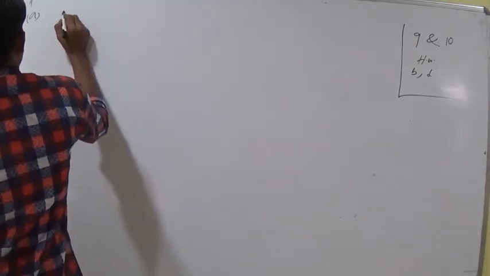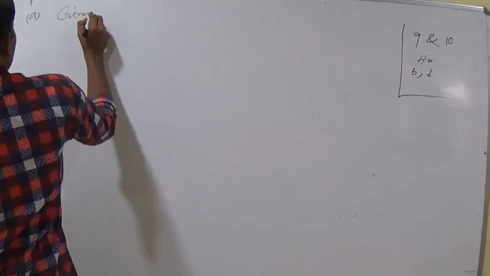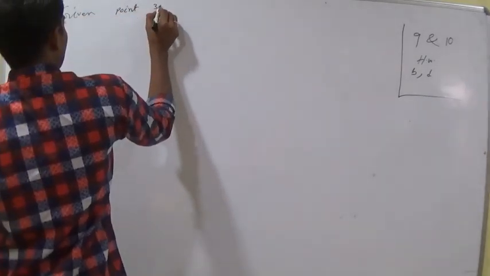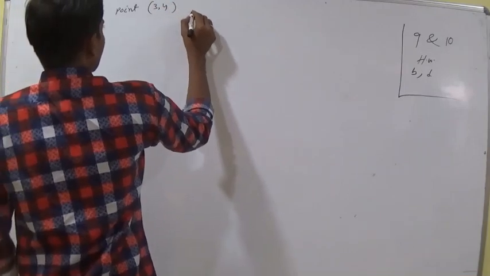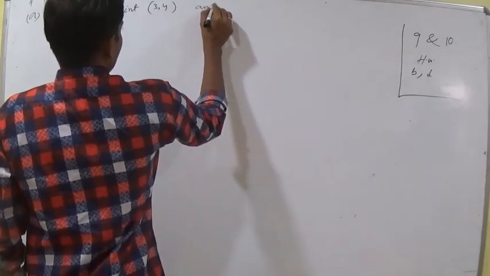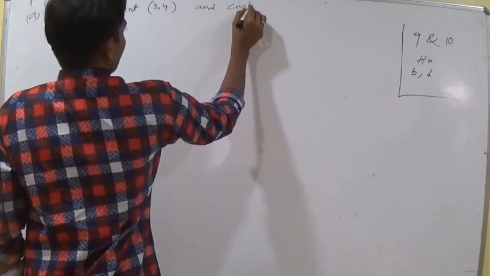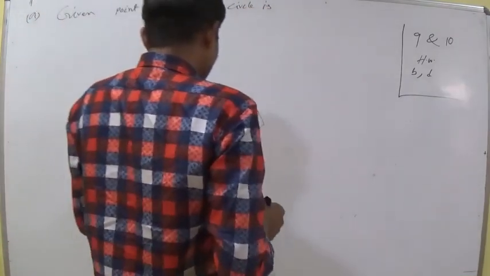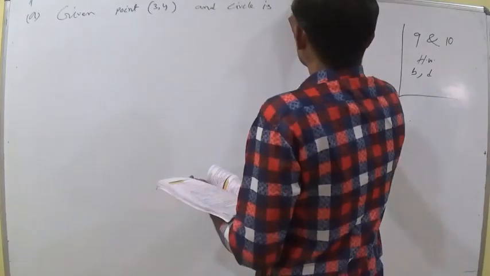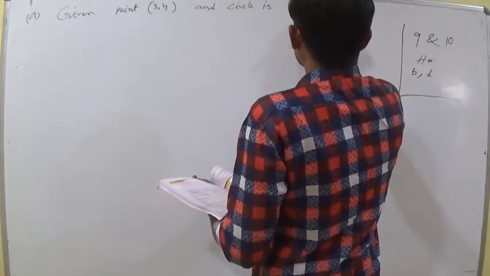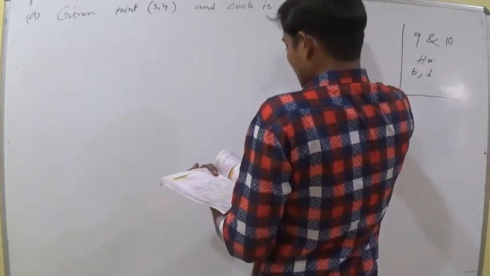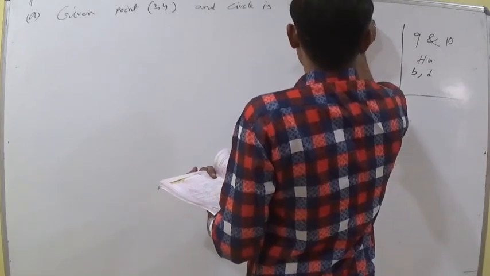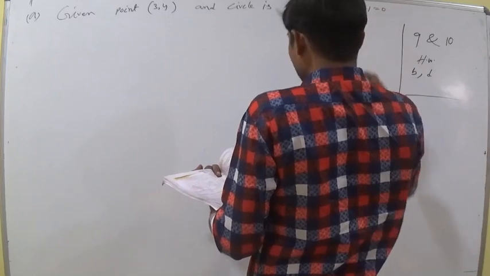The given point is (3, 4), and what is the circle here? x² + y² - 3x - 4y + 1 = 0.